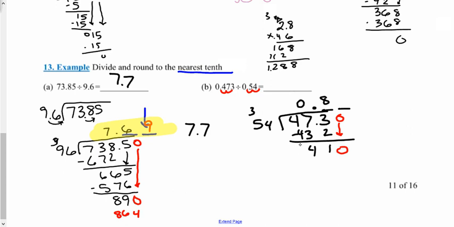So this is 410 now, and 54 goes into 410 definitely more than 5 times. 6, 7, probably 6 times. 24. Ooh, that's 32. Oops. Nope, not 6 times. See, here's a great example of what I was just talking about. Because this is going to be, let's see, 76.